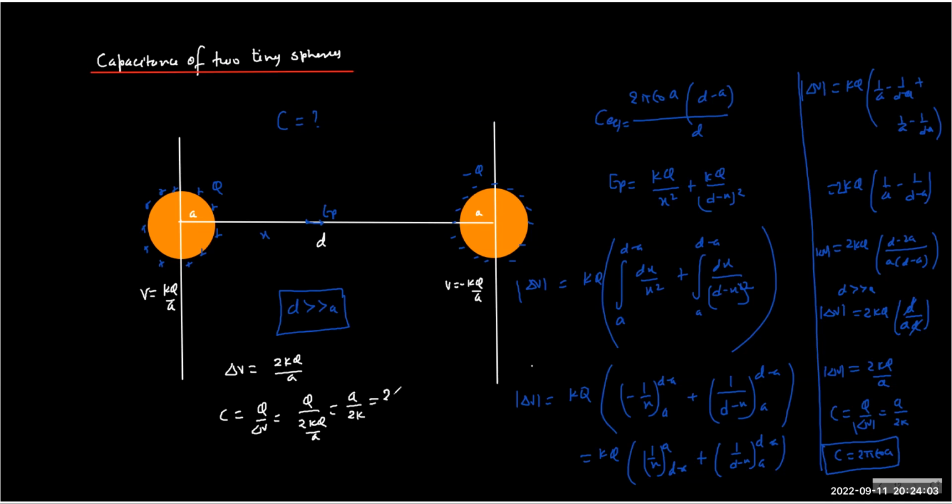Understood. Either you do it with the long method, but every time we have something spherical, we should be very happy, because for a spherical object we can find the delta V directly, isn't it? Understood?